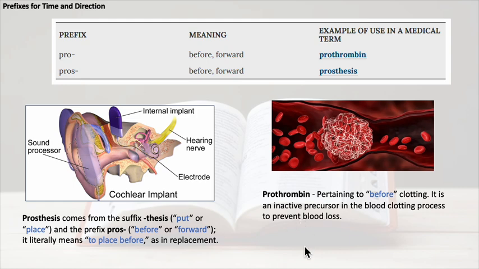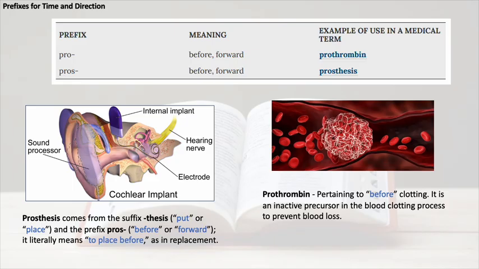That's why it's referred to as prothrombin. When bleeding occurs, prothrombin gets converted into thrombin, and thrombin helps form a blood clot. So here pro means before, and prothrombin is that precursor protein to thrombin, which is going to help form the blood clot.